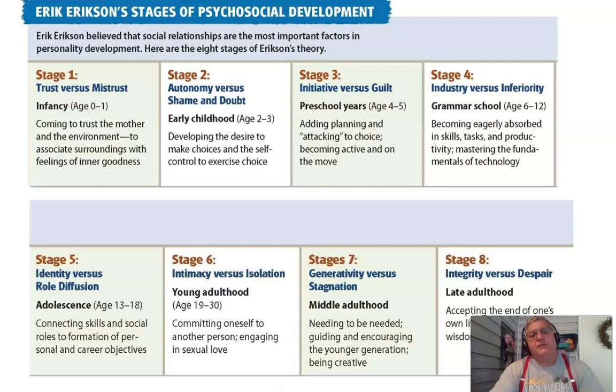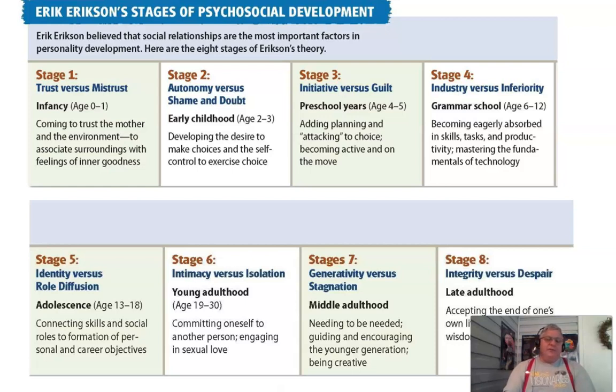Stage 3 is initiative versus guilt, and this is your preschool years, ages 4 and 5, where acting and planning and attacking the choice becomes active and on the move. Industry versus inferiority is grammar school, becoming eagerly absorbed in skills, tasks, and productivity, mastering the fundamentals of technology.